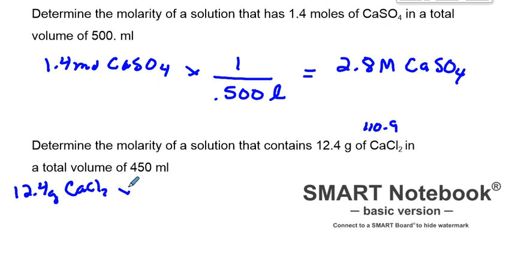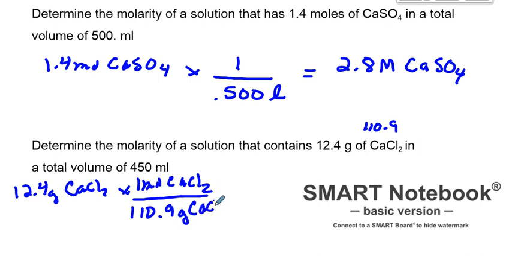I'm going to times that by 1 mole of calcium chloride over that molar mass of 110.9 grams of calcium chloride, because that's simply grams into moles.